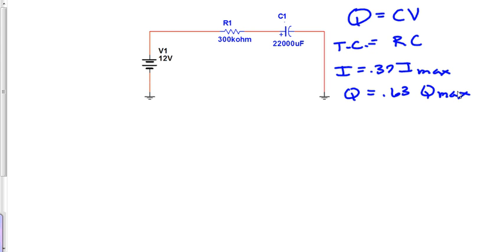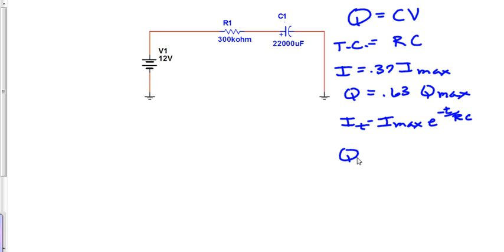Okay, and then there are some time equations for current and charge. Current at any time is equal to current max multiplied by e to the minus t over the time constant RC. Now there's also a charge at time t equation.